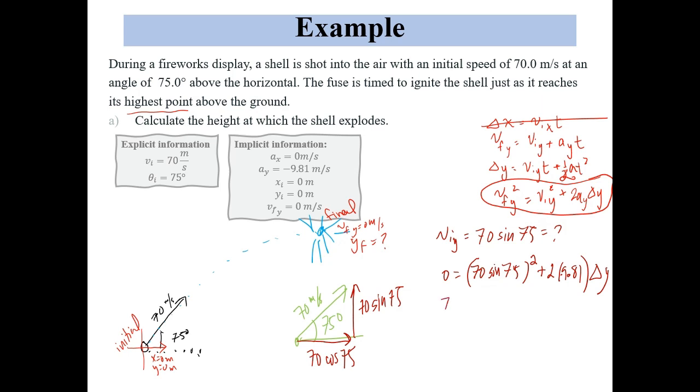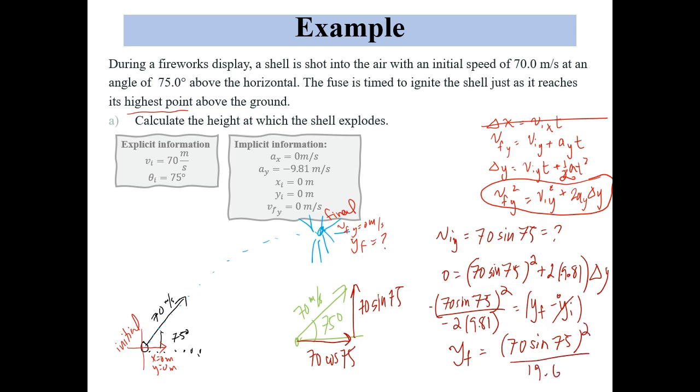So 70 sine of 75 squared divided by negative 2 times 9.81 is equal to y final minus y initial, because that's what delta y is. And since y initial is 0, y final is just 70 sine of 75 squared divided by 19.6. Calculate what that comes out to.